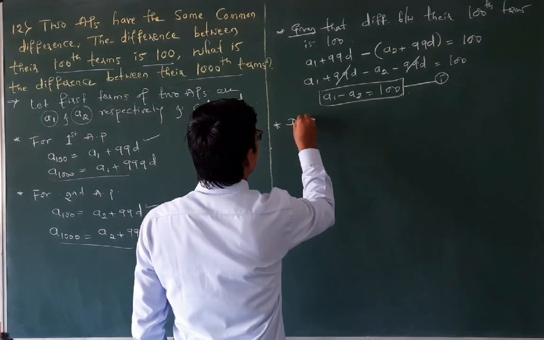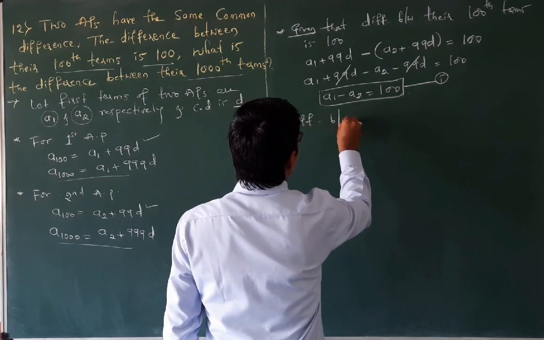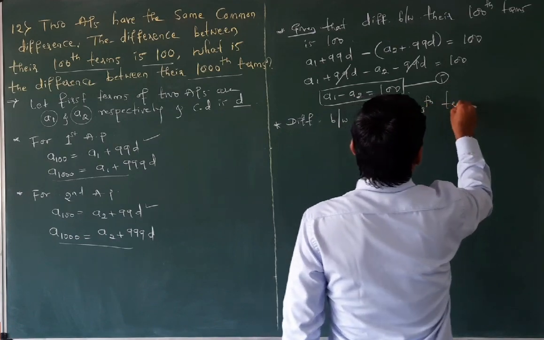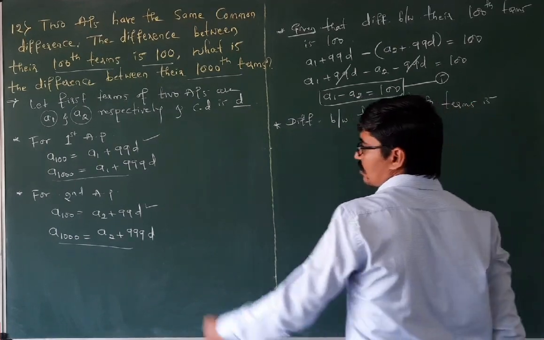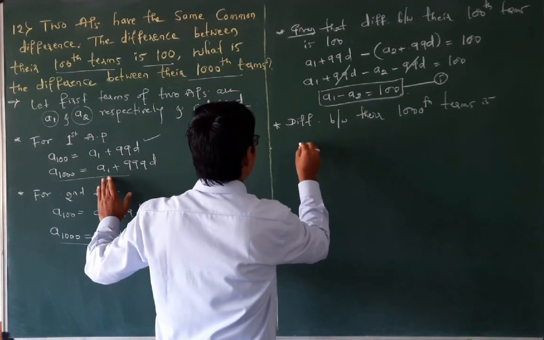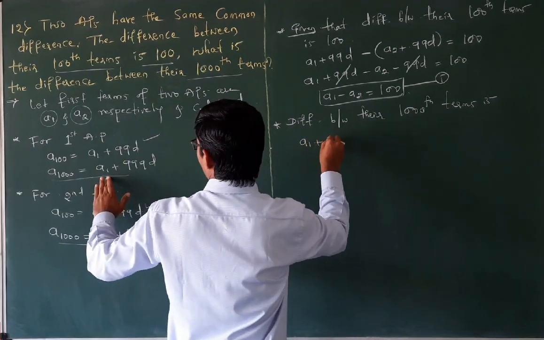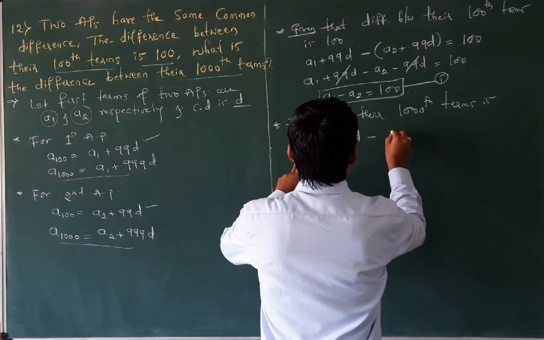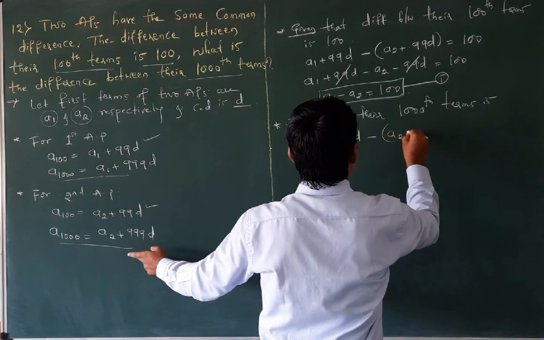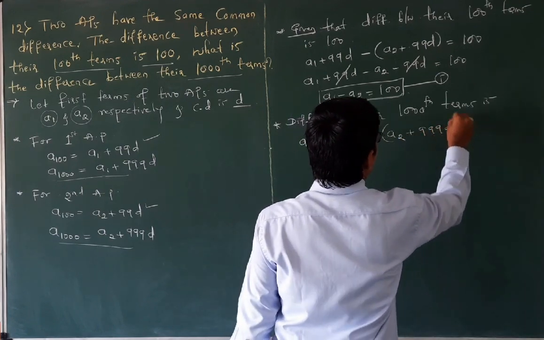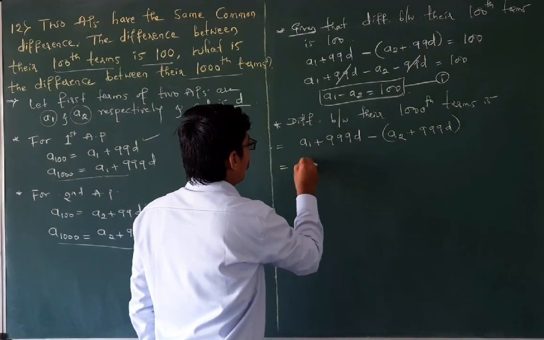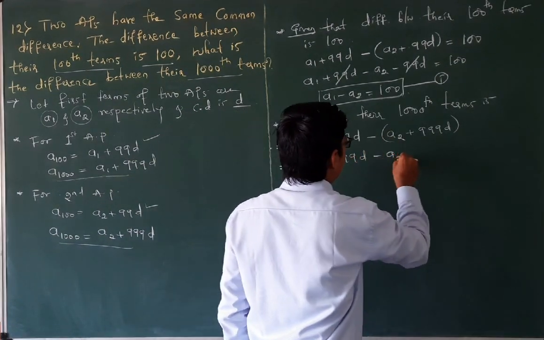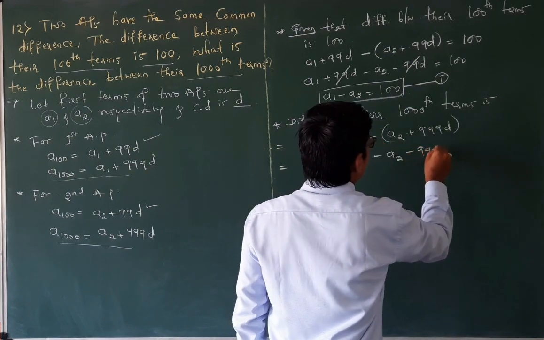The difference between their 1000th terms is A1 plus 999D minus A2 plus 999D, so that is equal to A1 plus 999D minus A2 minus 999D.